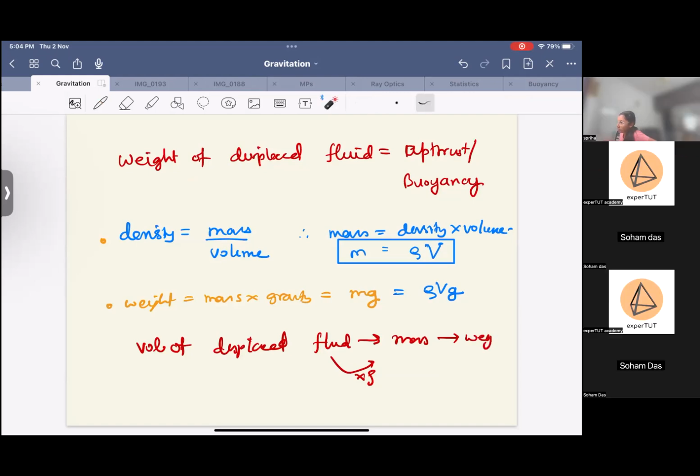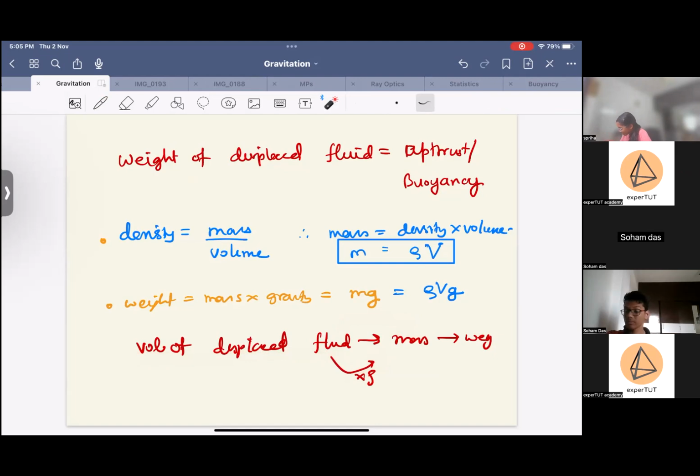So first you find the volume of displaced fluid, and then you go to the mass of the displaced fluid. How do you go from volume to mass? You multiply by density. Then from mass you go to weight.